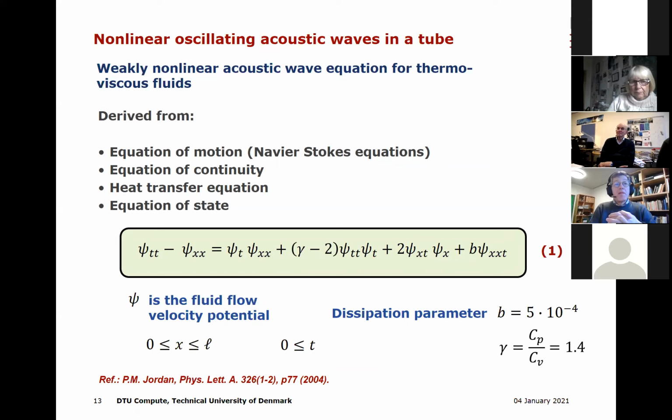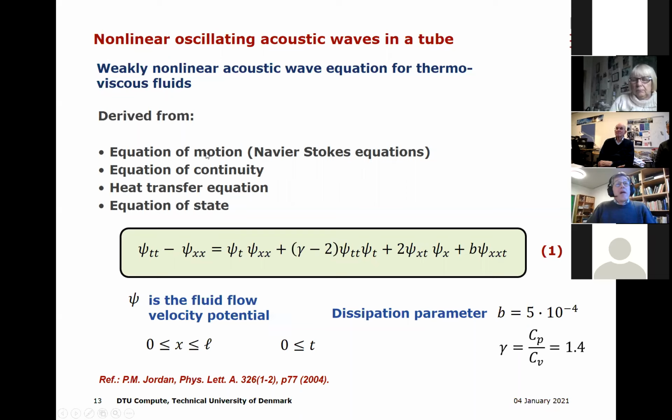Here there are a number of different variants of equations of motion called weakly nonlinear acoustic wave equations, and one of the very famous, maybe one of the first such weak acoustic wave models is by Kuznetsov in '73, as far as I remember.